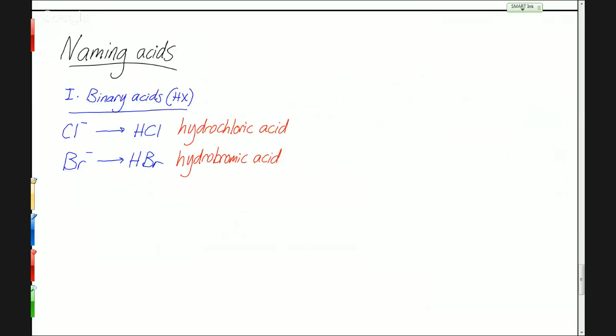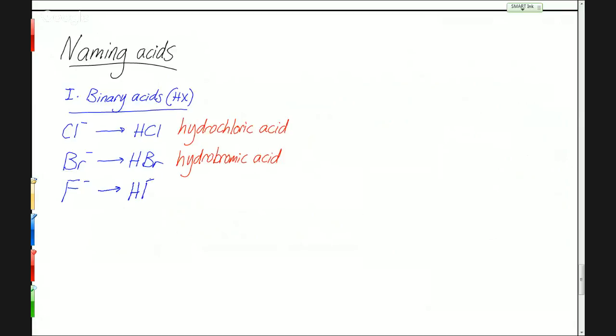But if we switch from bromine to only bromine, will it be weak? Or doesn't matter? No, it's still a strong acid. Hydrobromic acid will always be a strong acid. Okay. So you get the idea here.